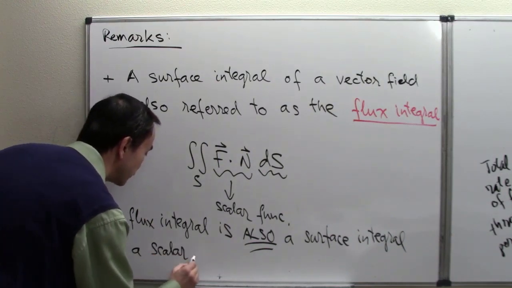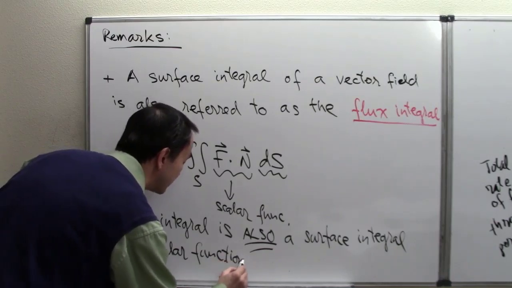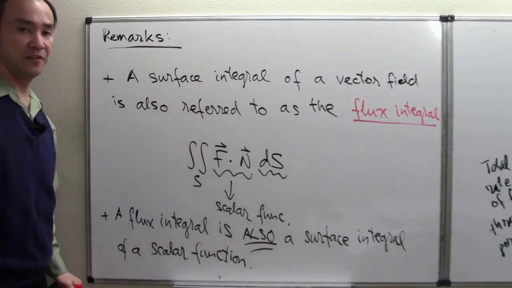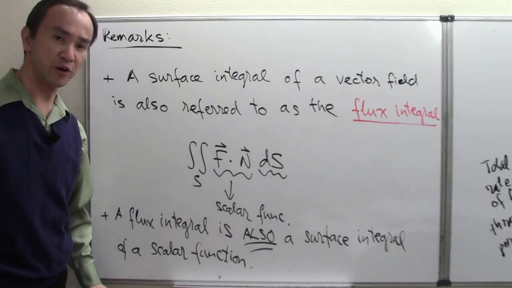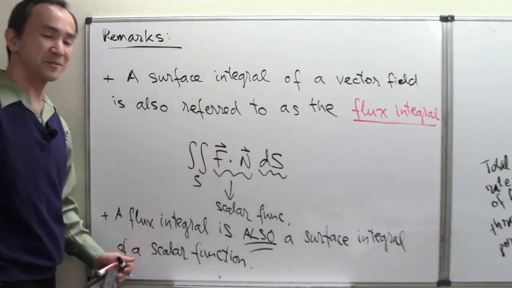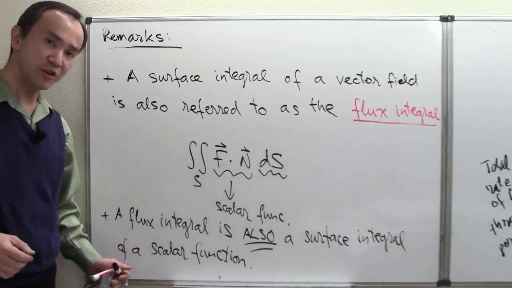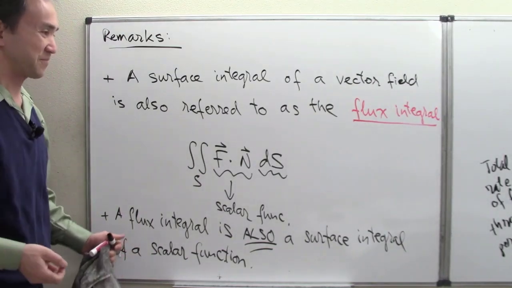So it's worth noting that. All right, so a flux integral is also a surface integral of a scalar function, but the way we approach that is slightly different. Okay, and so that's what we need to know about what the surface integral is.